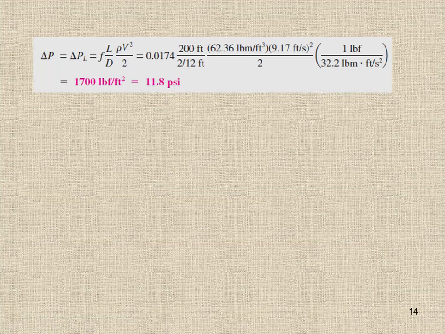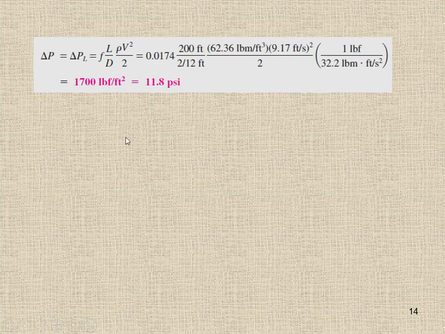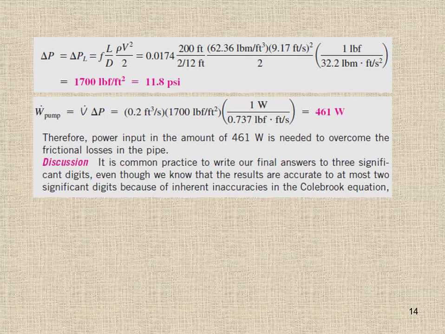You can also calculate the pressure drop: if you multiply the head loss by rho times g, you will get the value in psi, because all the values are in feet or in pounds.